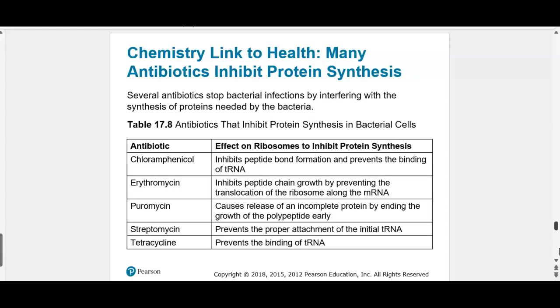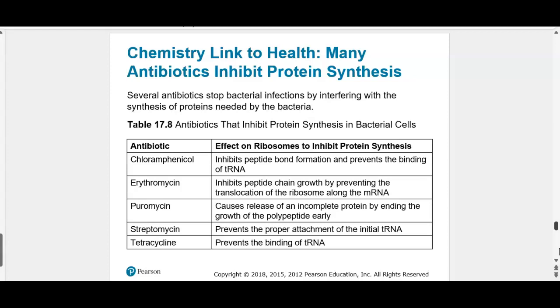Chloramphenicol inhibits peptide bond formation, erythromycin prevents translocation of the ribosome, and puromycin causes an early release of the incomplete protein. Streptomycin prevents the proper attachment of the initial transfer RNA, which would be the start codon. And tetracycline prevents binding of transfer RNA. These are the mechanisms they work by.